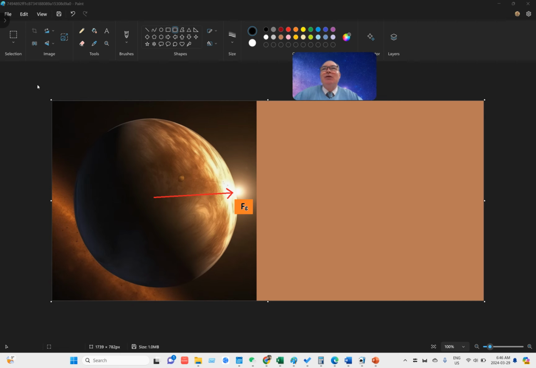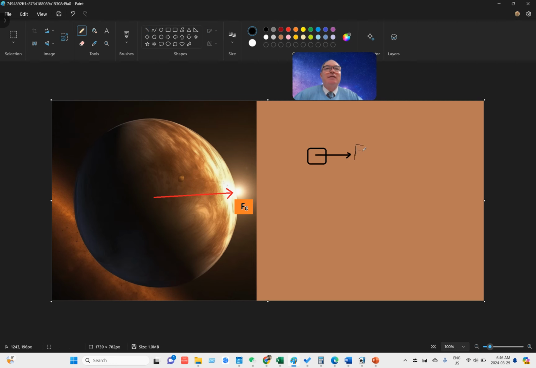Now, maybe we don't always want to draw the actual object, so we can just represent it by a little box here, and then put an arrow. So the box is going to represent my heavenly body of Venus, and there's my force of gravity.